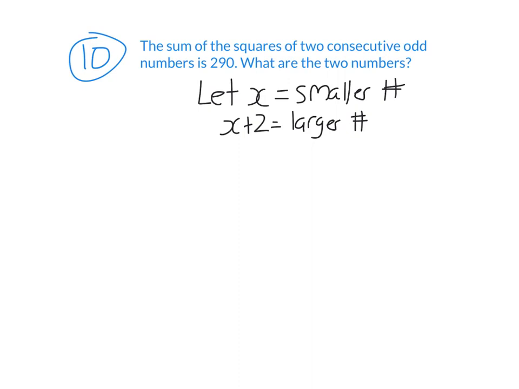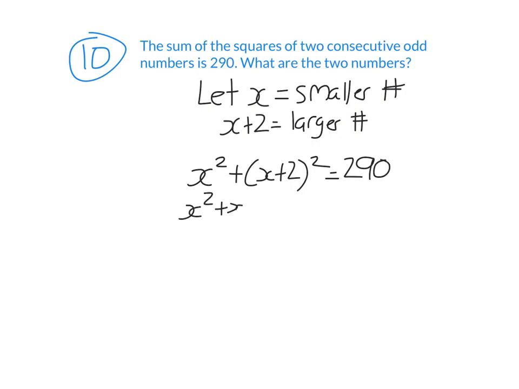So once we've defined the variables, we just turn the worded information into an equation. So what it's saying is the first number squared plus the second number squared is equal to 290, and we're going to find what x is. So of course what we need to do, we're going to first expand the brackets, so square the first, square the second, and what goes in the middle is 2 times x, or 4x.